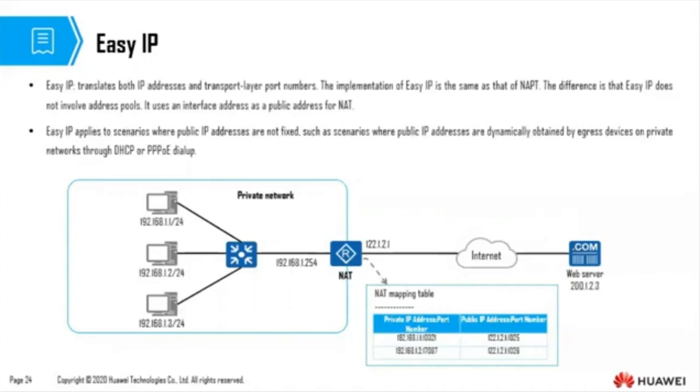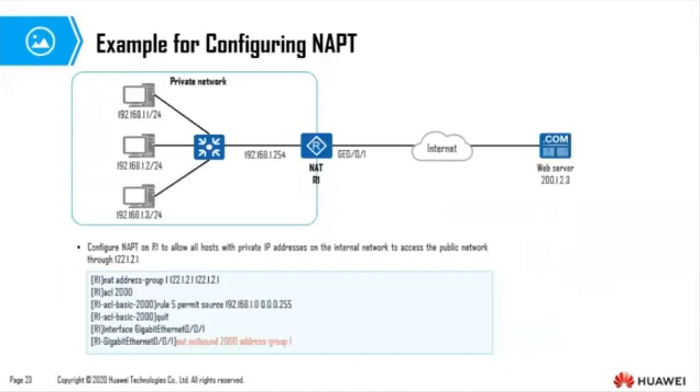Now, the main difference between easy IP and network address port translation is that in network address port translation, you'll have more than one public IP address in your pool, as you can see here. You have a number of public IP addresses in your pool.